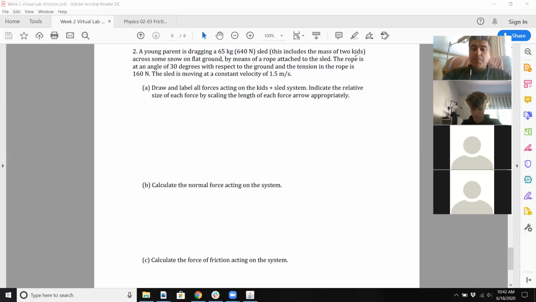So that's applied force, by the way. So yes, we're doing tension today. That's just applied force. It moves at a constant velocity of 1.5 meters per second. So you have the ground. You have your sled here.